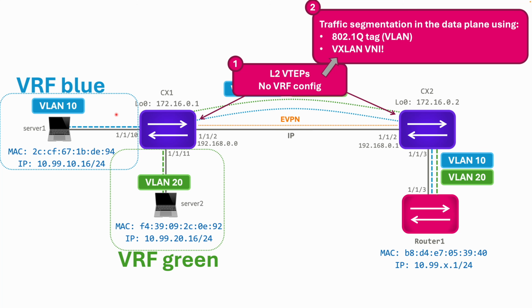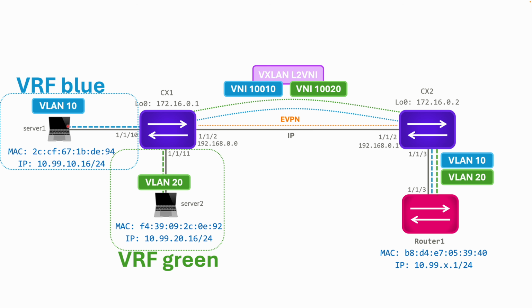And we also have that mapped to the VXLAN VNI to keep the traffic separate and segmented as it traverses this layer 3 core. Let me just go back so you can see that. So we've got VLAN 10 mapped to 10010. The traffic from here will be kept separate as it traverses the network up to the router. So we will have traffic segmentation in our network.